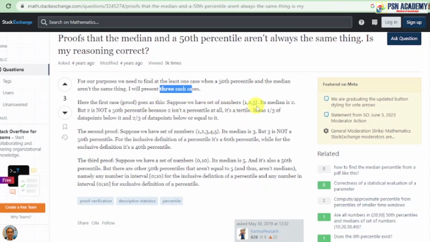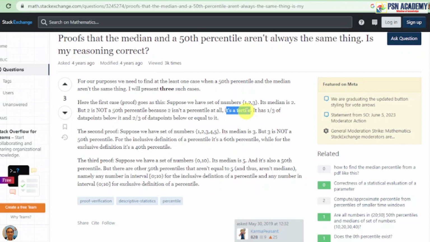The first one says that there are three numbers 1, 2 and 3, and definitely the median is 2. But 2 is not a 50th percentile. He is demanding why? Because 2 isn't a percentile at all. It's a tertile. Okay, we agree with him that it's a tertile.